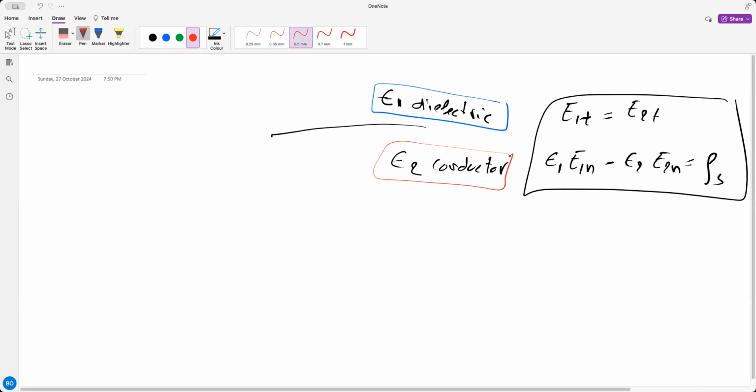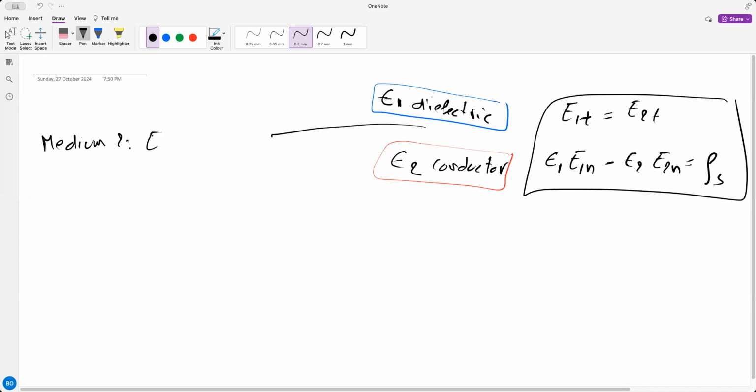Okay. Now, what is the electric field inside the conductor? Zero. Exactly. So the electric field inside the conductor is zero. I explained it last time. So for medium 2, it is a conductor.